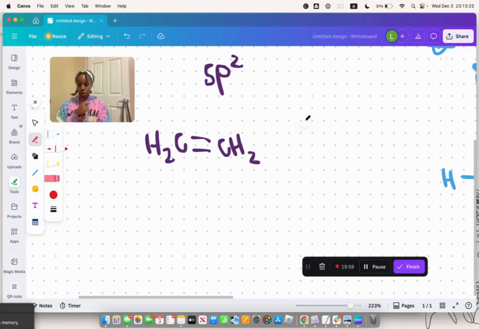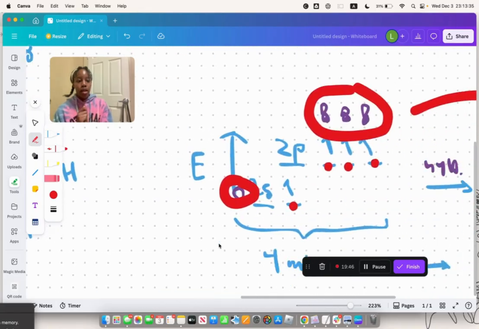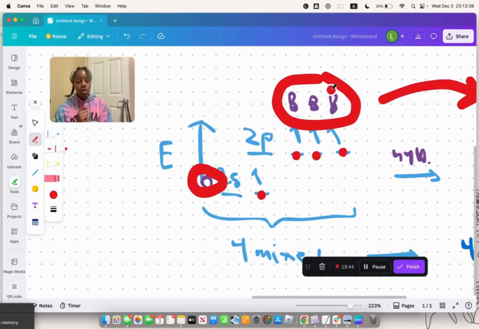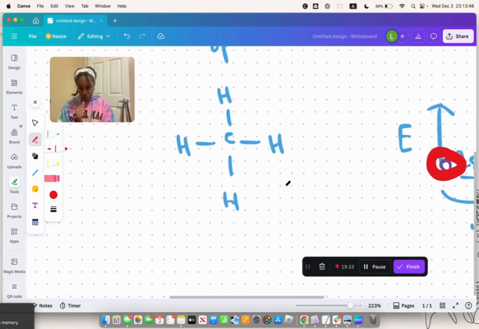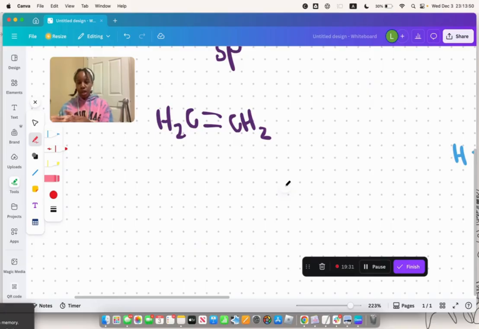So for this double bond, we're using sp2 hybridization, which means that it's mixing one 2s orbital with two 2p orbitals. So it'd be one 2s with the two 2p orbitals, which would make three hybridized orbitals, if that makes sense.